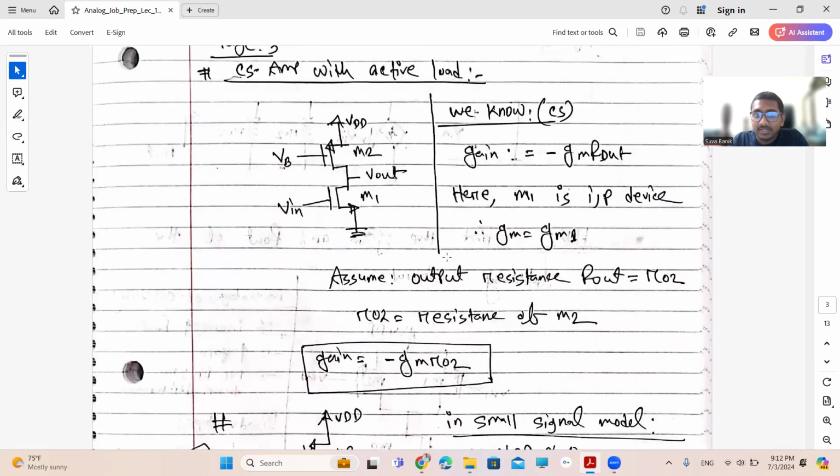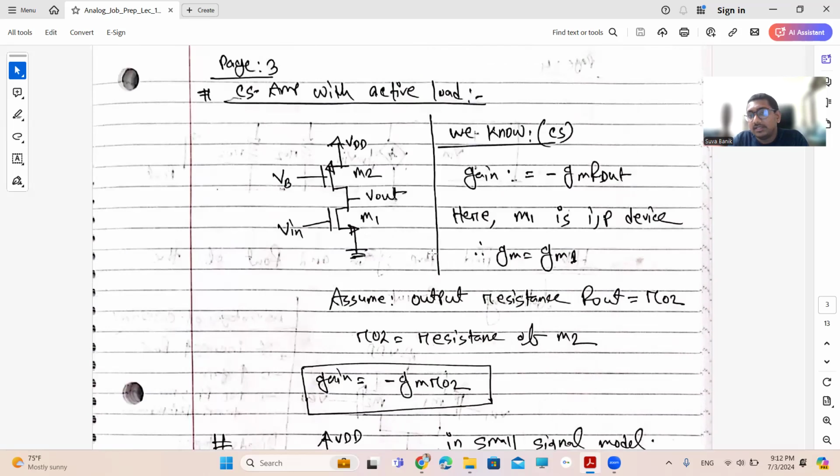However, in every case, I am considering here that there is no channel length modulation. The channel length modulation coefficient lambda equals 0.